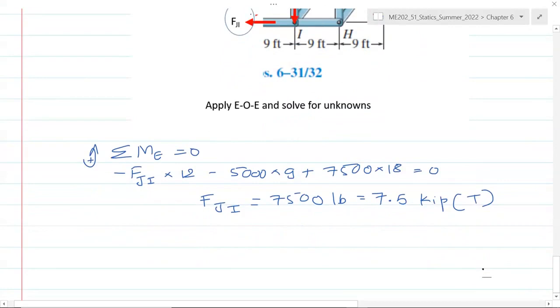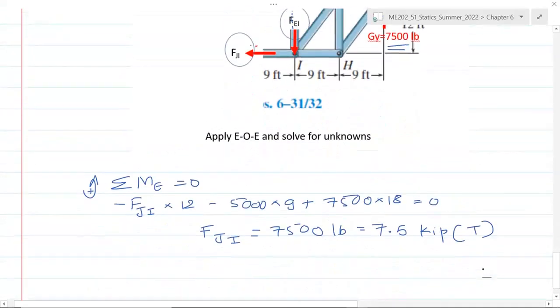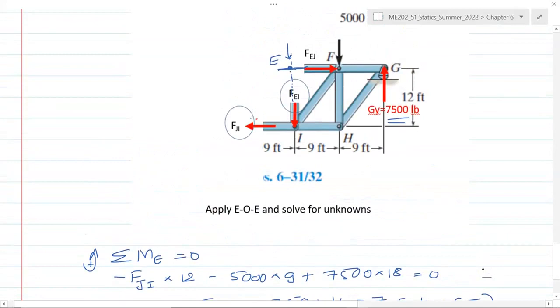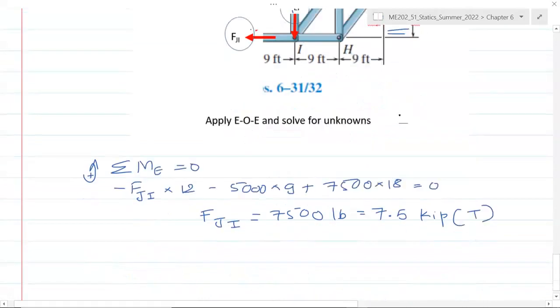Now the only force that we need to solve for is force Fei, which is this. We can apply the sum of forces in the vertical direction and solve for this, because the vertical unknown is only one, while the 5,000 and 7,500 are known forces.